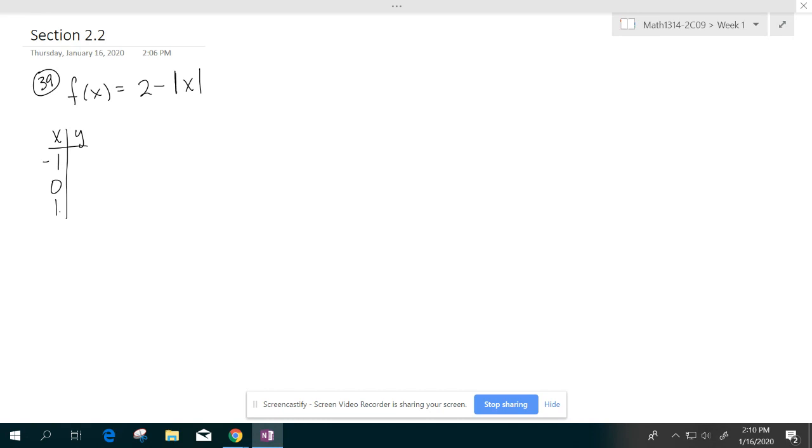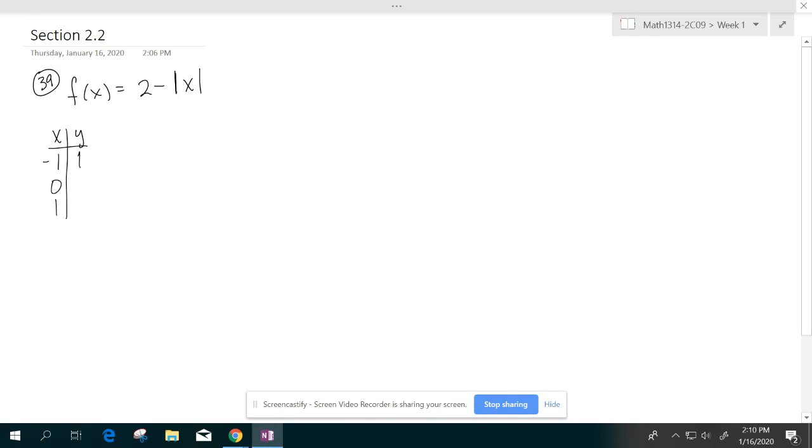So plug it in for the x. -1 plugs in, but what is the absolute value of -1? 1. But then what is 2 minus 1? That's going to give me a 1.